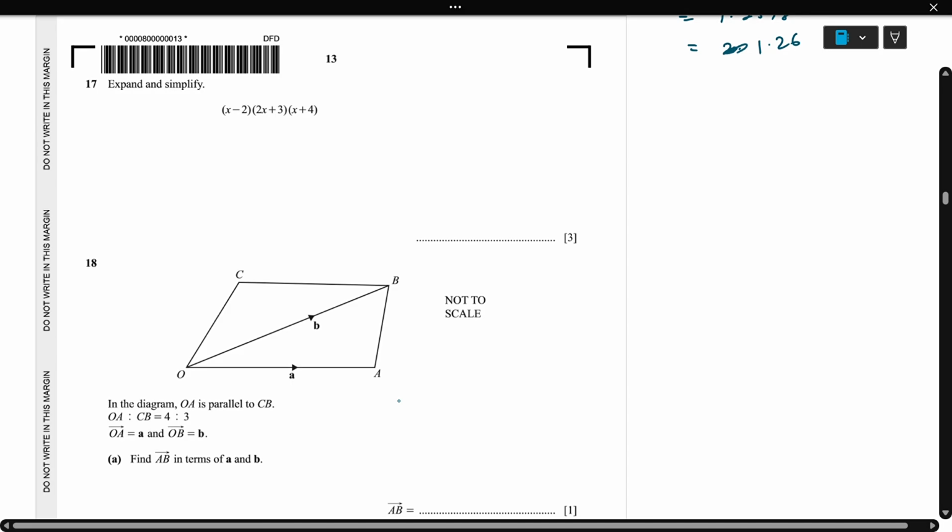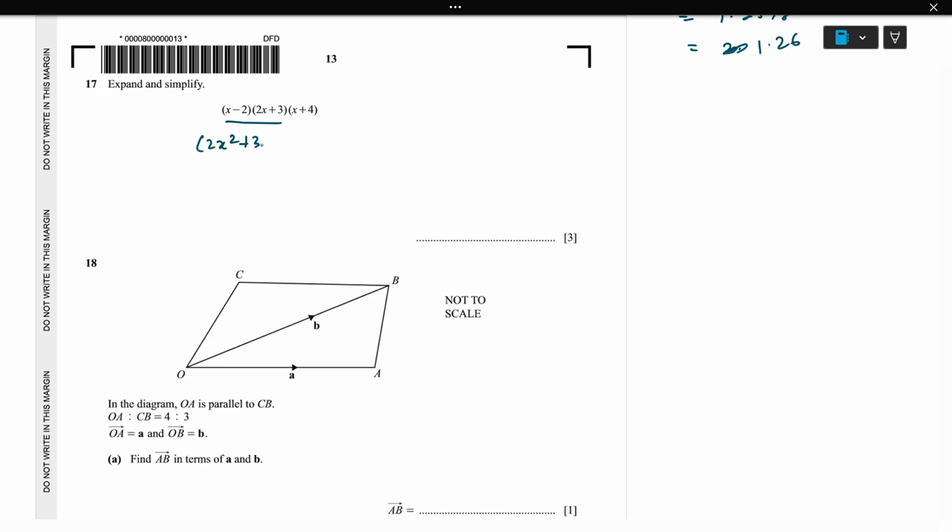Next, question number 17, expand and simplify. First we'll expand this to 2x square plus 3x minus 4x minus 6, times x plus 4. Which is 2x square minus x minus 6, times x plus 4. Now again I'll multiply times x: 2x cube minus x square minus 6x, then multiply by 4: plus 8x square minus 4x minus 24.